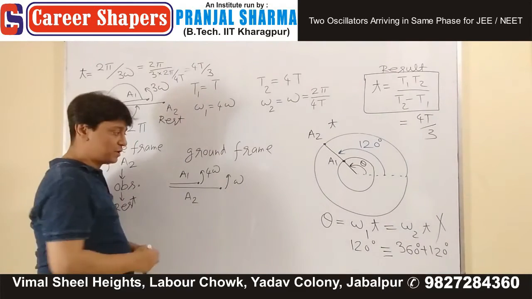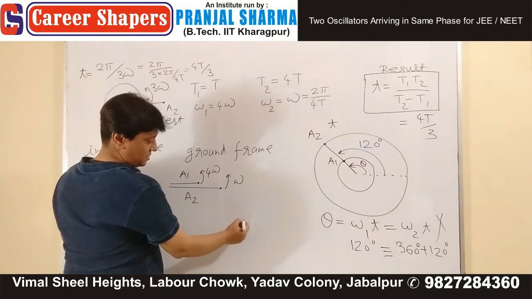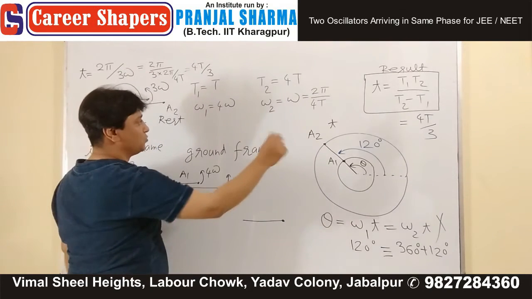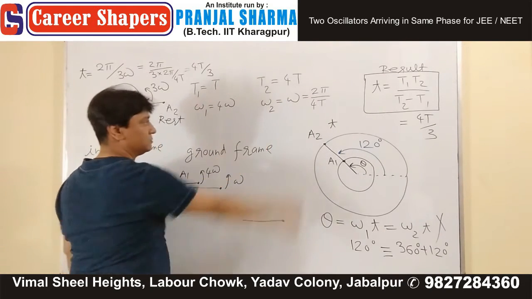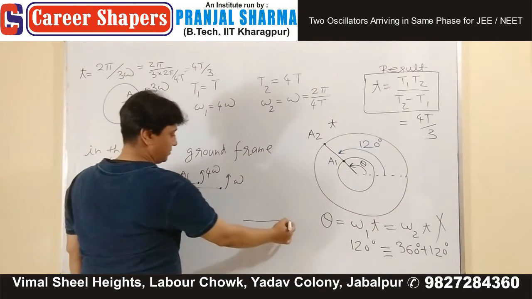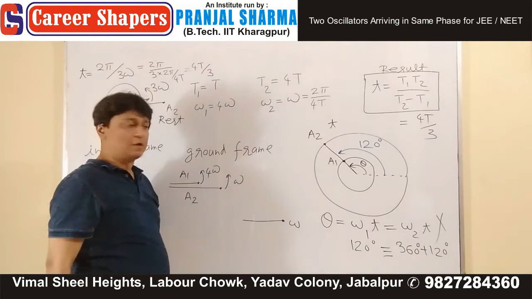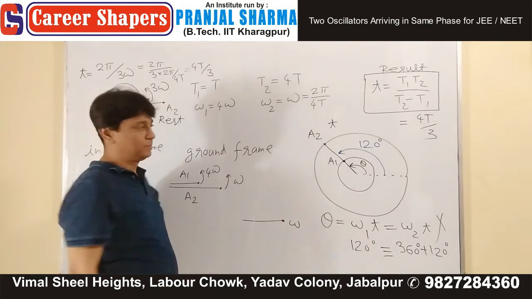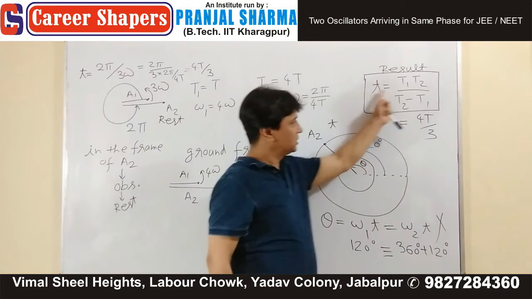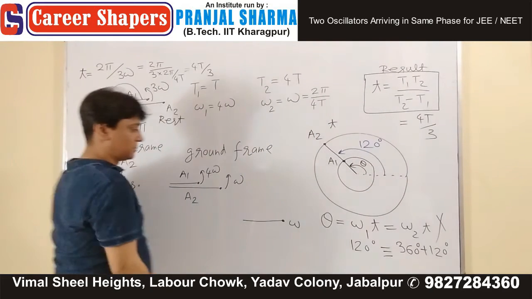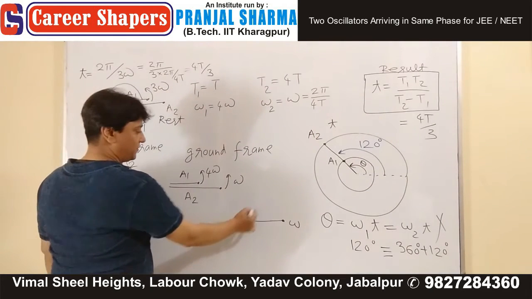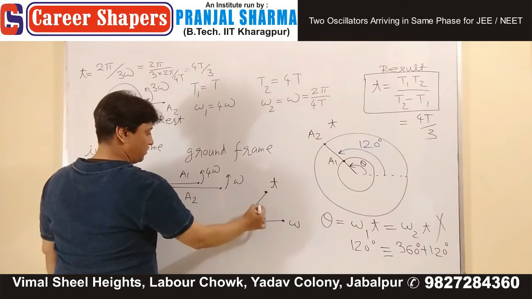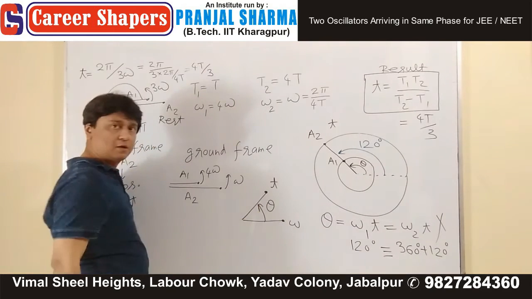The slower rod is moving with omega. After time t, what will be the angular displacement?